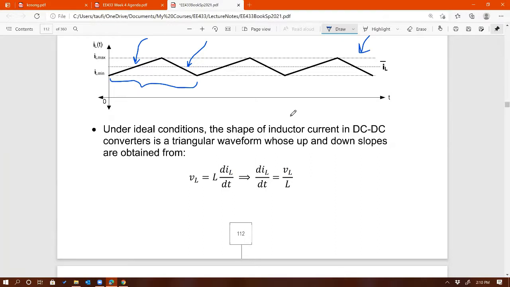Those slopes are derived from the equation that voltage across the inductor is equal to L dIL/dt. Therefore dIL/dt, the slope of the inductor current, must be equal to VL over L, the voltage across the inductor divided by its inductance.